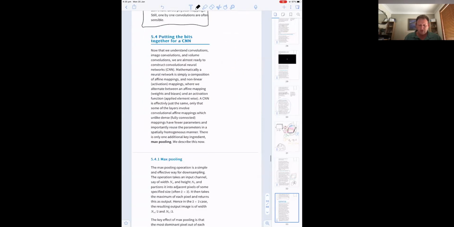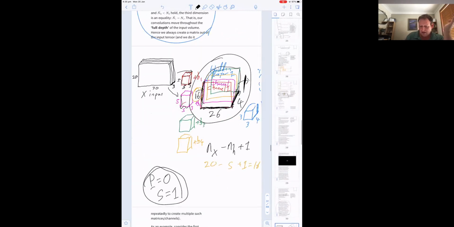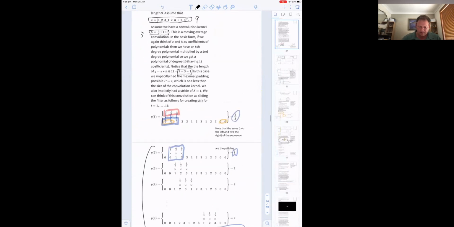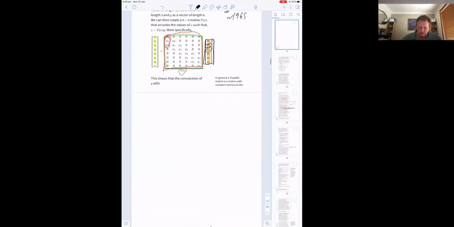All right, so now we can put the bits together for a CNN. We've pretty much done that. There's just one more component. Convolutional neural networks are like fully connected networks, except that you don't have all these weights. You've induced a sparsity pattern on the matrices, because of those Toeplitz matrices.